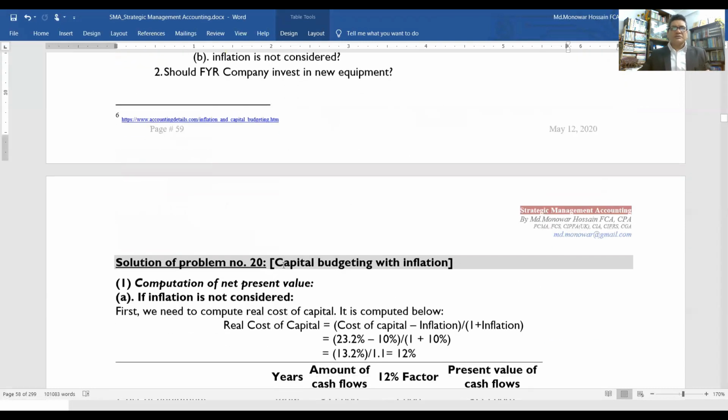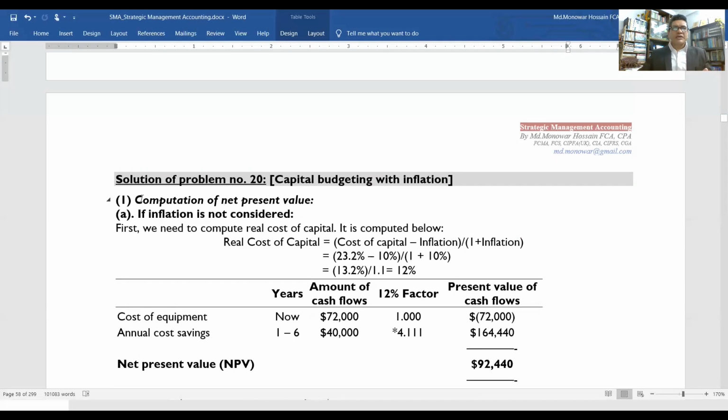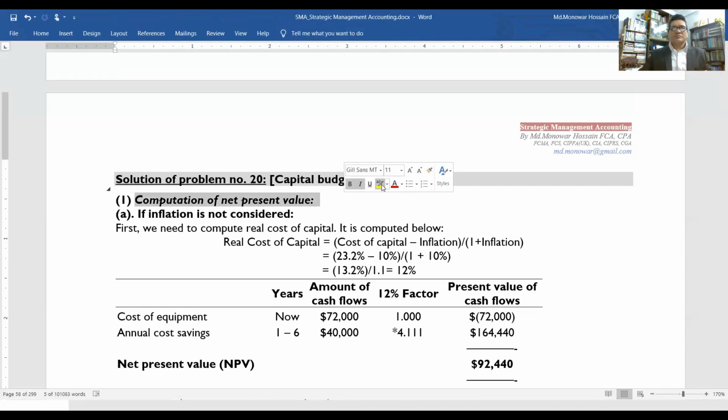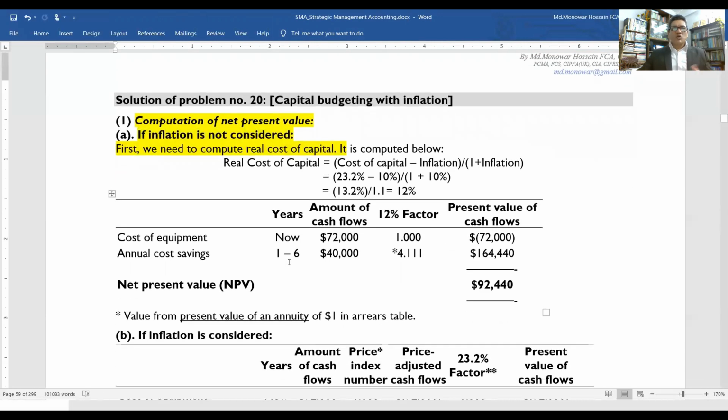So to solve this problem, we have to calculate the net present value if inflation is not considered. First, we need to compute the real cost of capital. Real cost of capital equals cost of capital minus inflation, divided by 1 plus inflation.